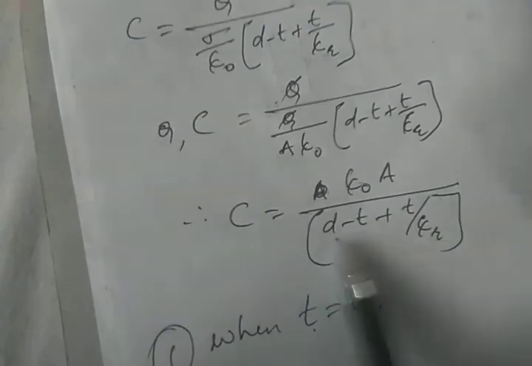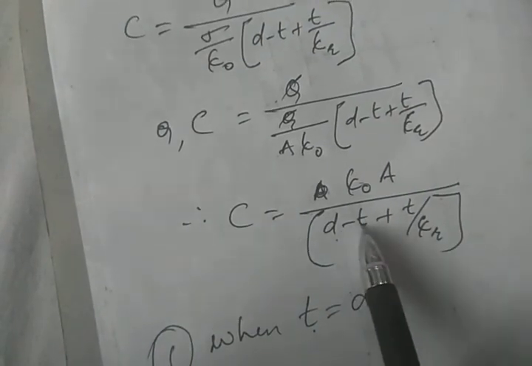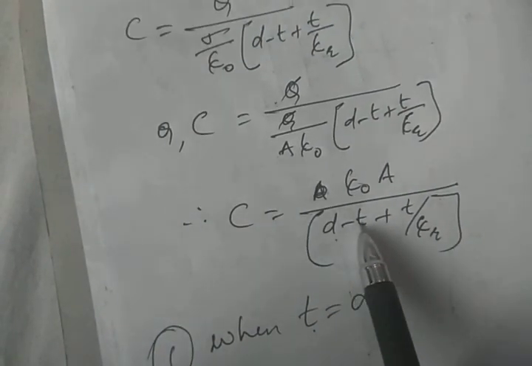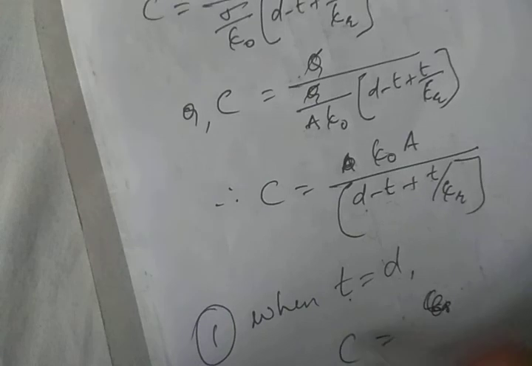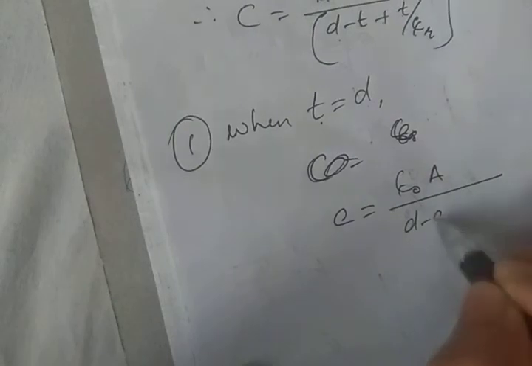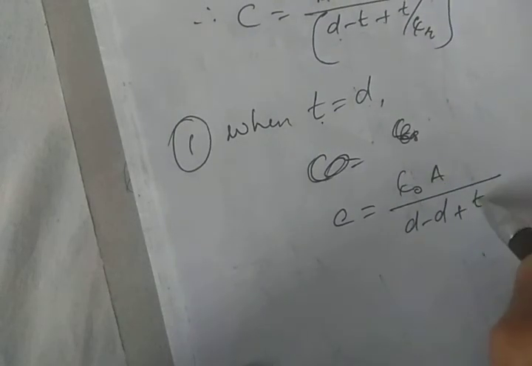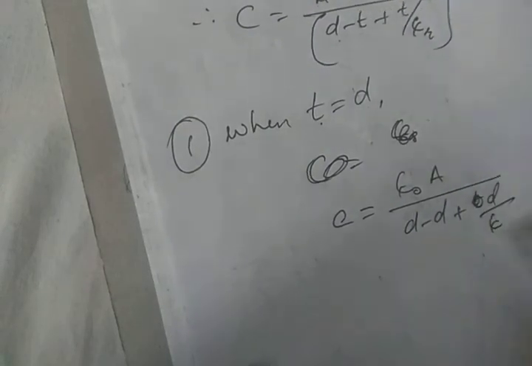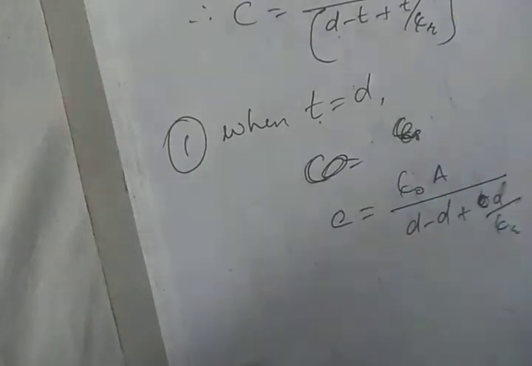So when t is equal to d, what do we get from this expression? d minus d becomes 0, plus d upon epsilon r. So C is epsilon naught A divided by (d minus d plus d by epsilon r).